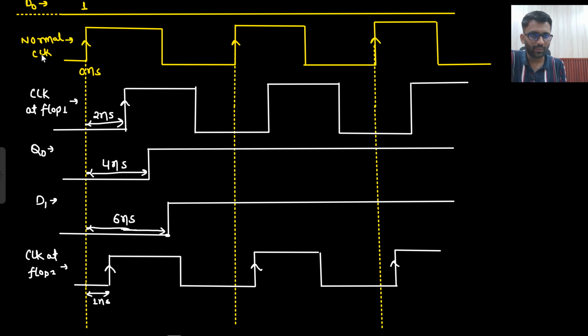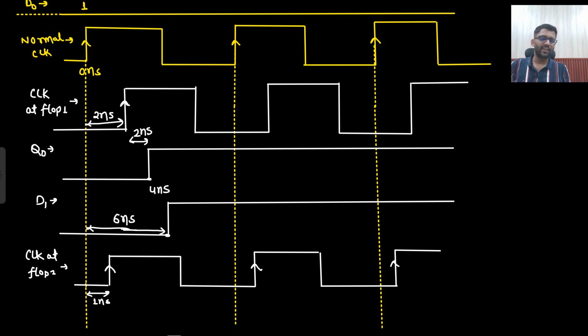This is the original, normal clock at flop 1. After 2 nanosecond it is starting. Then 2 nanosecond more delay is there. At this edge the clock will tell that follow the input. So Q0 will say that yes sir, I will follow the input, but I need 2 more nanosecond. So that means this window will be 4 nanosecond. I need 2 nanosecond more.